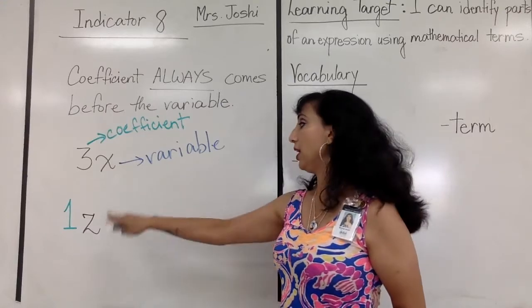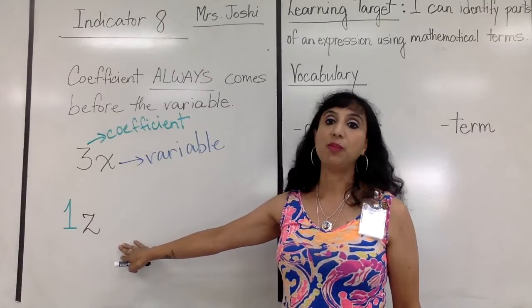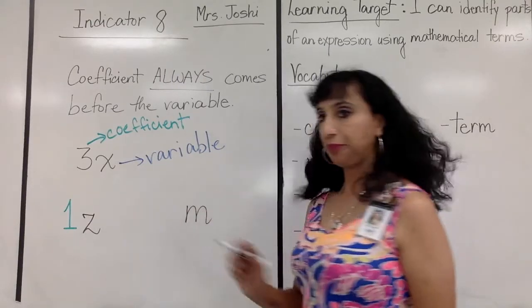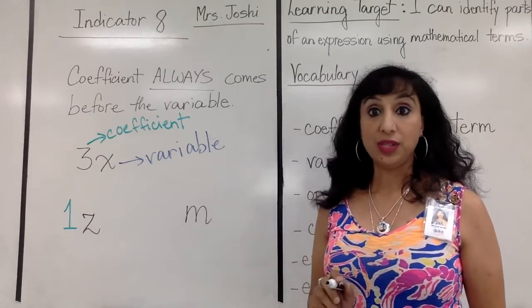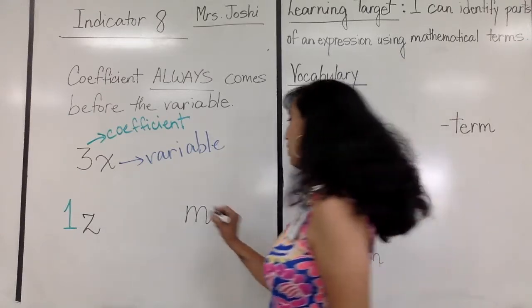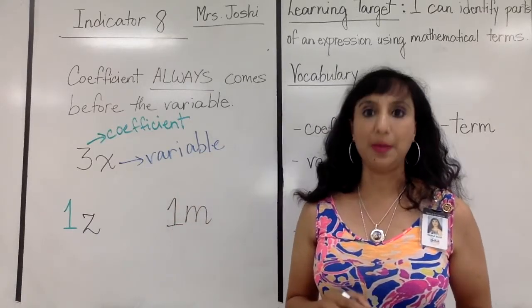In this one, the coefficient is 1 and the variable is z. If I gave you m, the coefficient is 1 because we have 1m, and the variable is m.